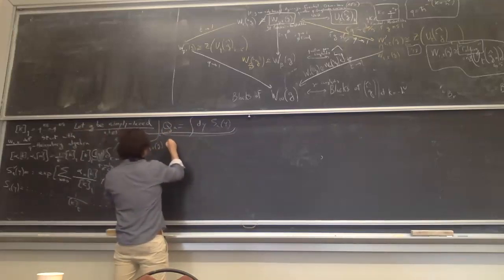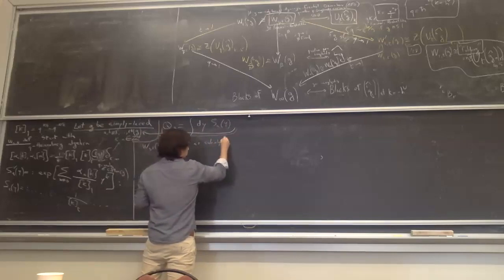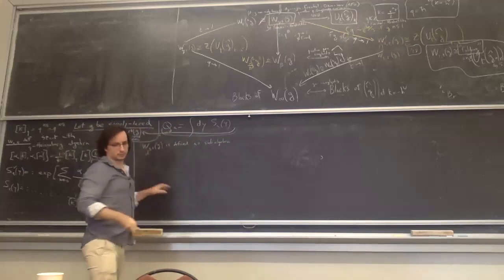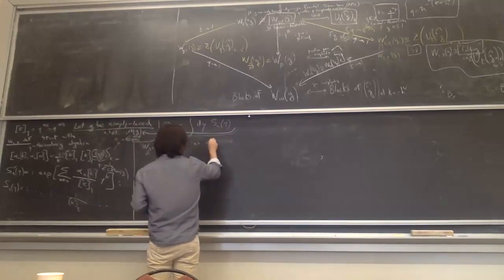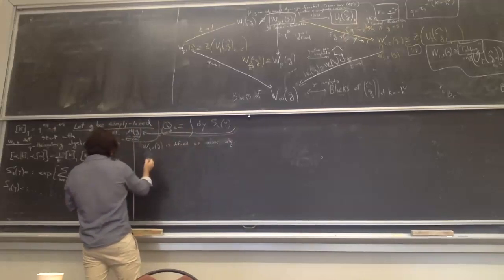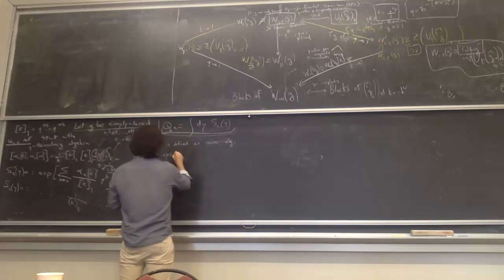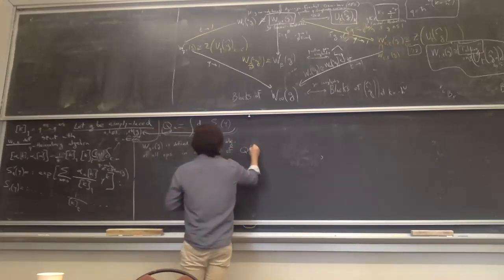So QT is defined as the subalgebra of, well, I should be careful, I'll just write associative algebra of all operators which are in the commutant of the QAs.